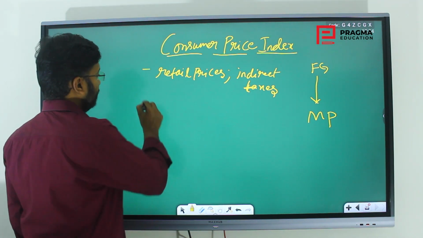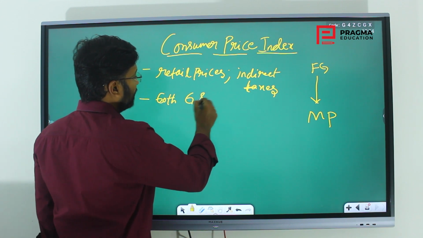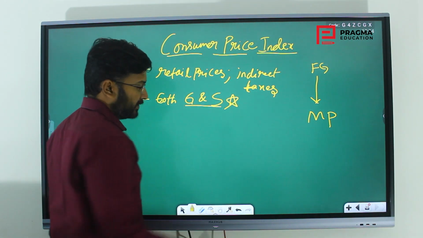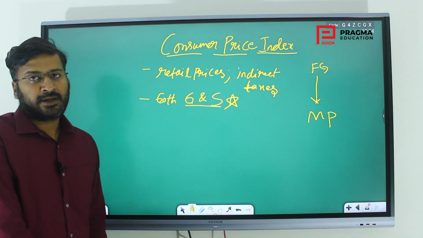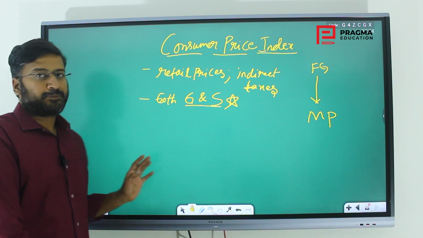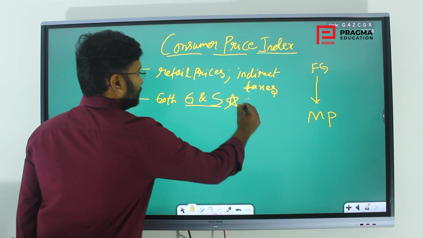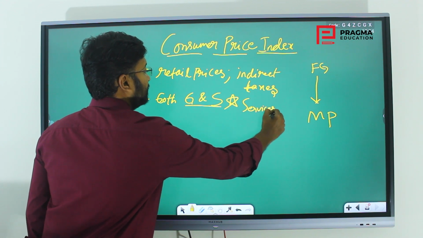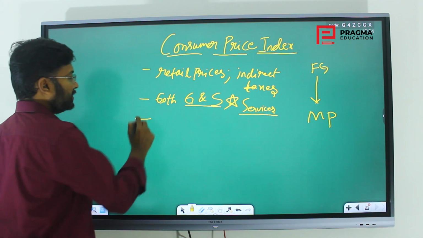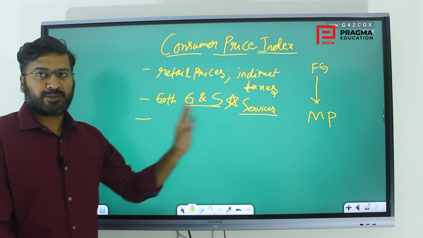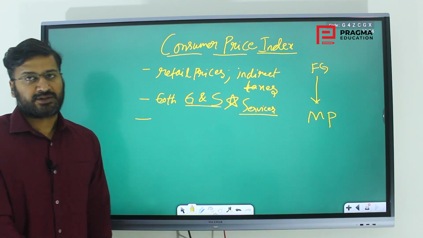This is the main important thing, and it covers both goods and services. The CPI basket has both goods and services in it. CPI captures both, not just goods. It includes services also. The measuring concept is the same as WPI, but in the same basket they will have services also.